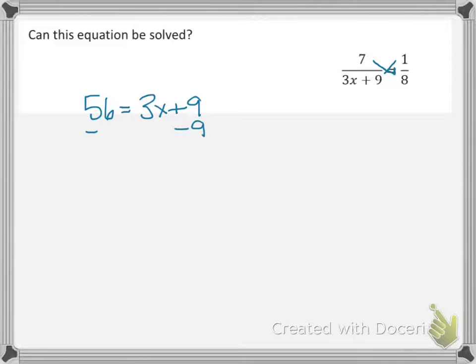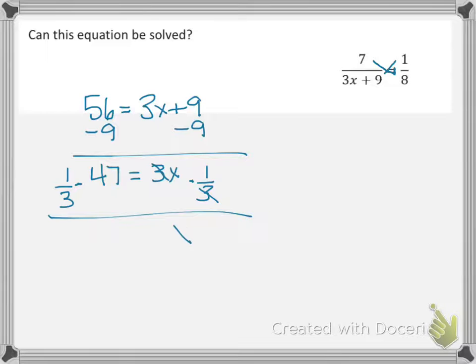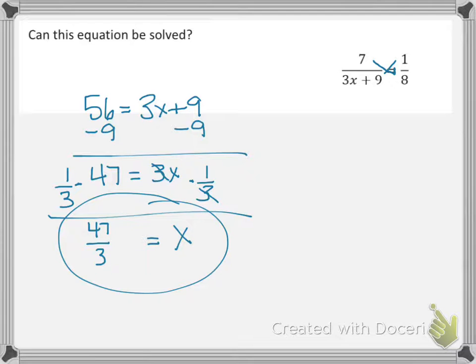Subtract 9 from both sides. 56 minus 9 is 47, is equal to 3x, and then multiply by the reciprocal. When we do that, the 3's cancel, and we get x equals 47 thirds. 47 divided by 3 is 47 thirds, and I can't simplify that anymore, so that is our answer. Yes, x is equal to 47 thirds.